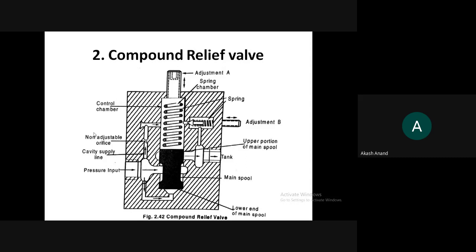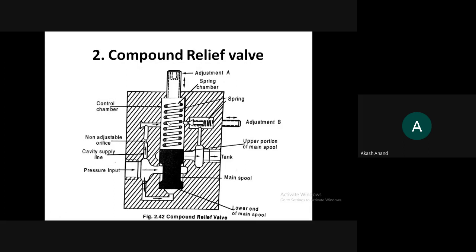The pressure input point is nothing but port P, and this will be port T, with a non-adjustable orifice, the cavity supply line, and the chamber control here. These are the important components of a compound relief valve.